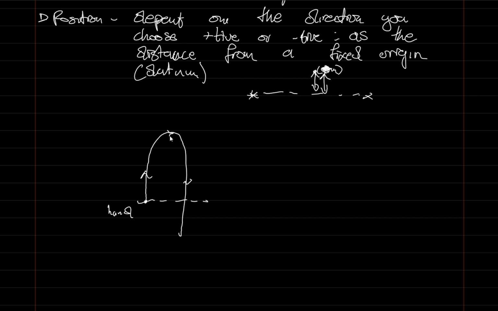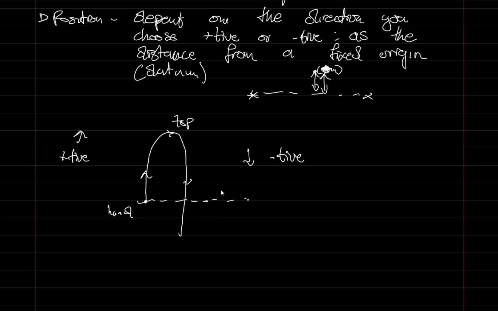So what I'm saying is, let's take this side as positive, as upwards, and then downwards would be negative. Here is the top, and there's the bottom, as you can see.